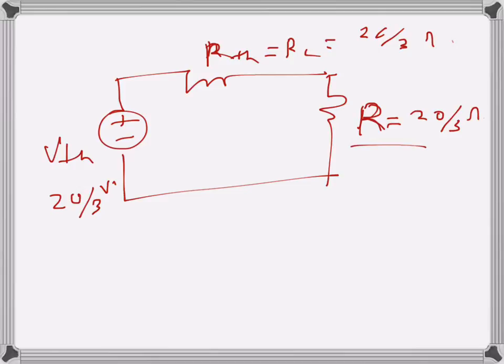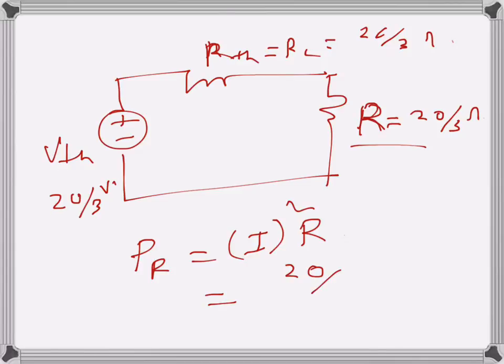So we need to find the power dissipated by this resistance. Let's call it PR, which will of course be I squared R, that's the expression for power. I here will be 20 over 3 divided by the sum of the two resistances. That's 20 over 3 plus 20 over 3, which is 40 over 3.